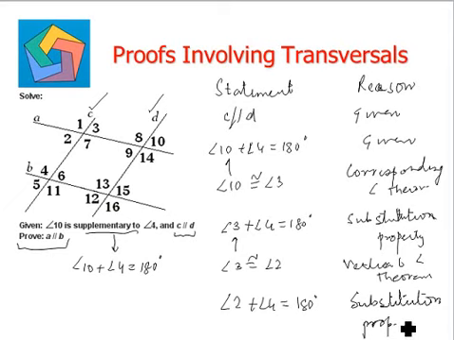Now because angle 2 and angle 4 are supplementary, let's observe in the diagram over here, angle 2 and angle 4 are supplementary.